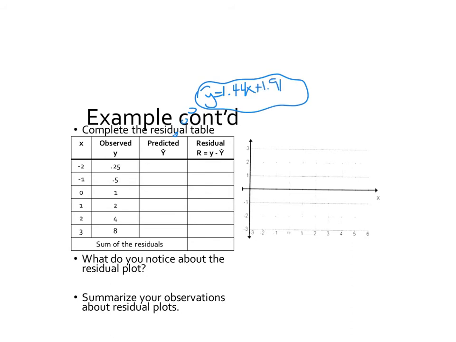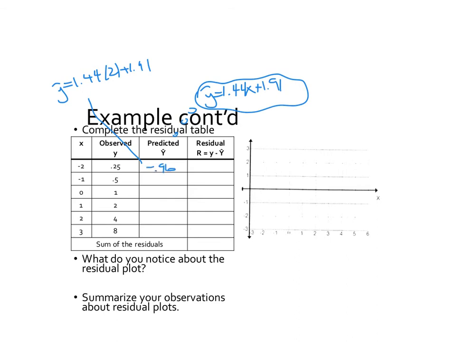And to find this first prediction, remember we're going to take our x value, -2, and replace the x in the model. And when you use a calculator, you should get something around -0.96.